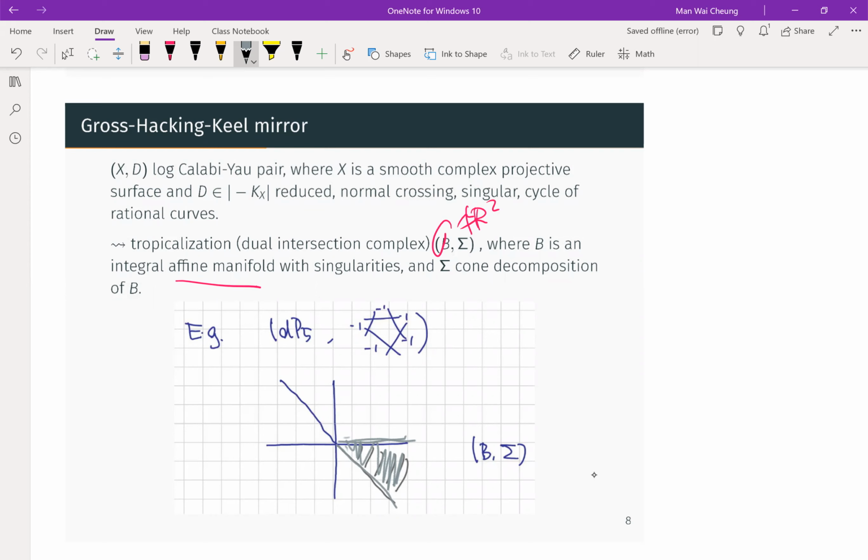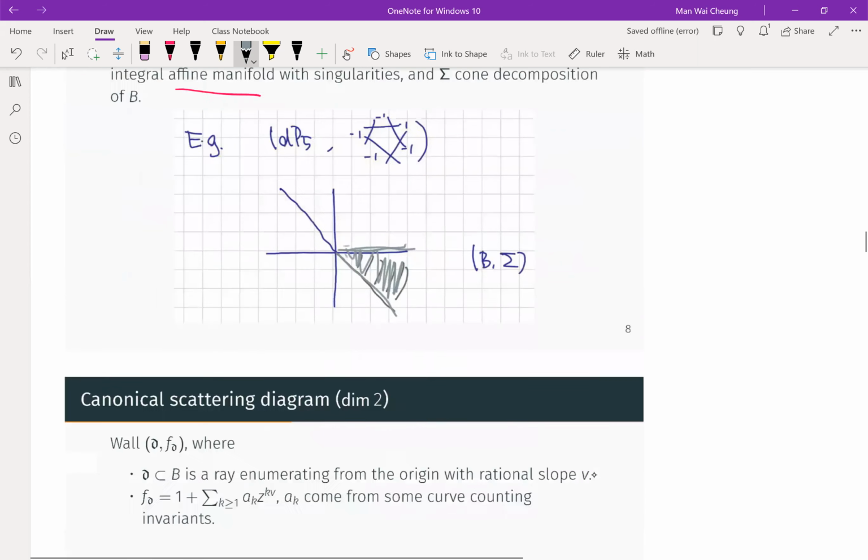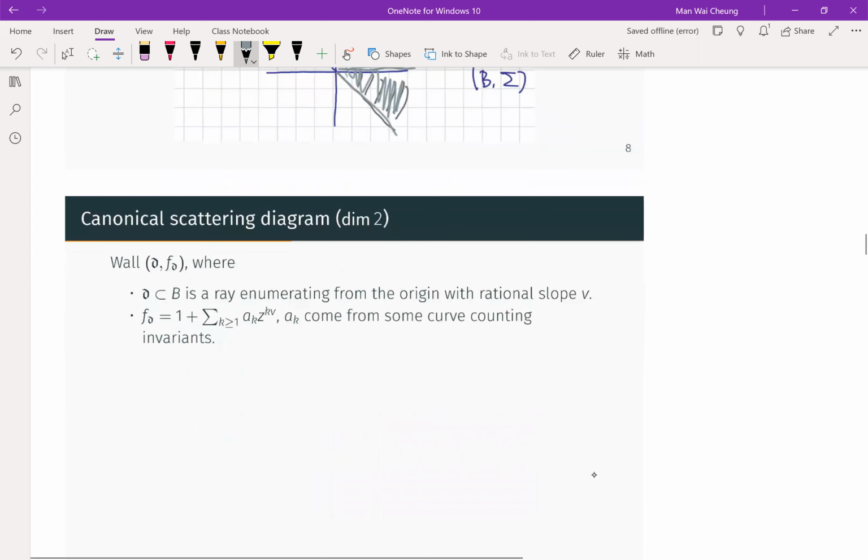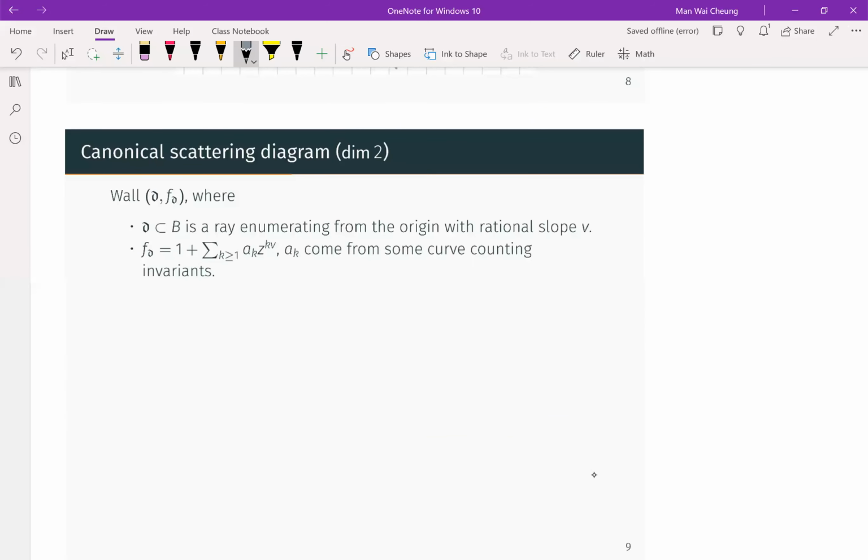And you can see it's almost like our scattering diagram already. So what we do is we want to define a canonical scattering diagram on this affine manifold, which is the same, but it is dimension 2. So the walls are just rays coming from the origin, and then we have functions here. But you can see here, I used the term canonical scattering diagram, but not cluster scattering diagram.